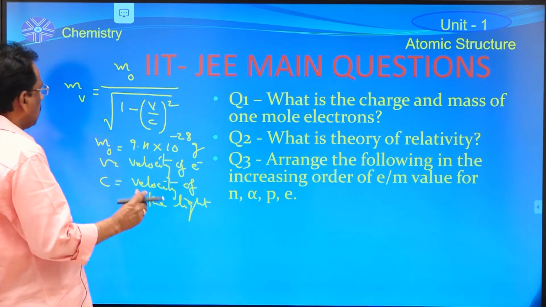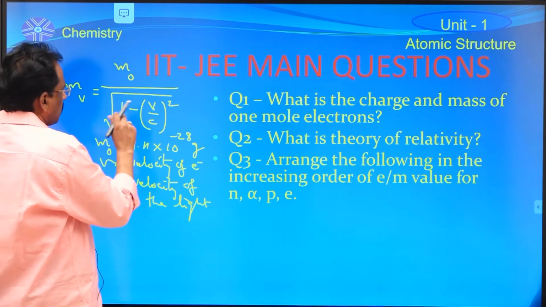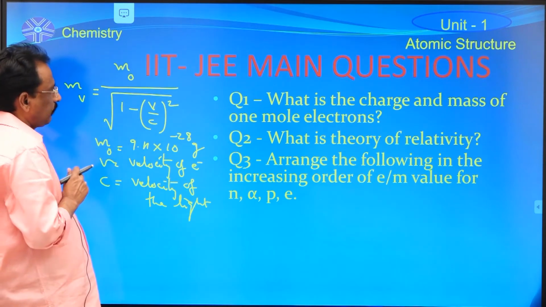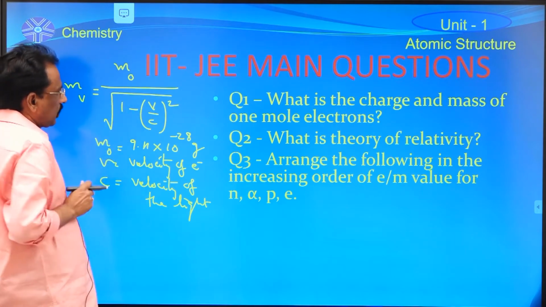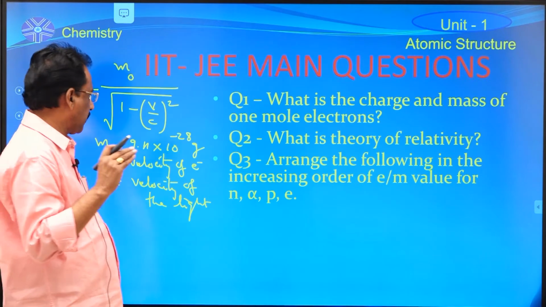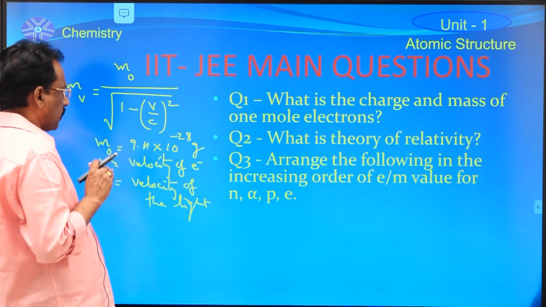So here m0 is a constant value. Velocity of the light is constant for any type of electromagnetic radiation. Now these two are the variables.